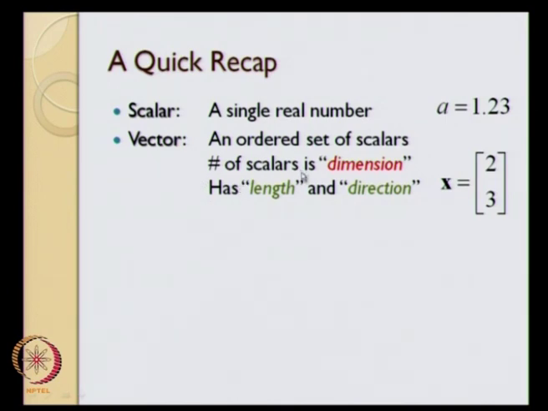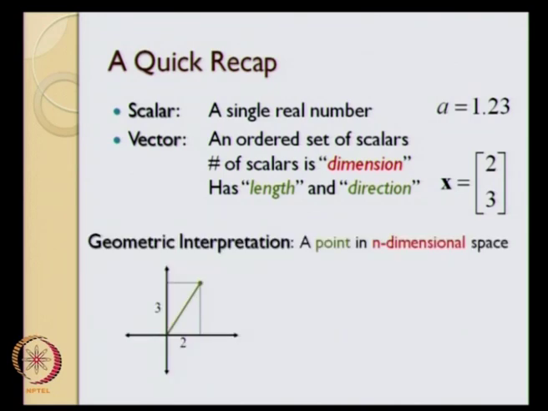Now another concept associated with vector is the length of the vector, or basically a distance of the vector, you can call that, and the second property is going to be the directionality of the vector. Okay. So it has both a length associated with it and a direction associated with it.